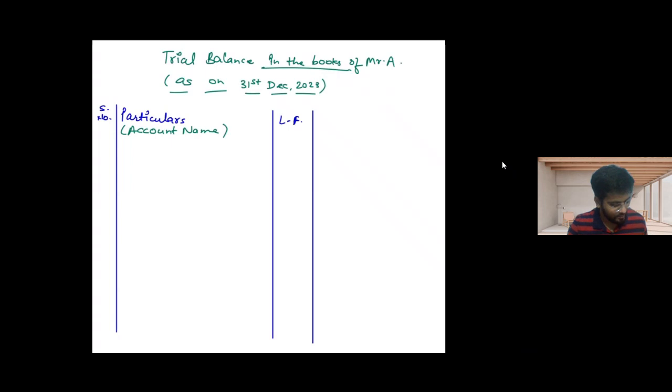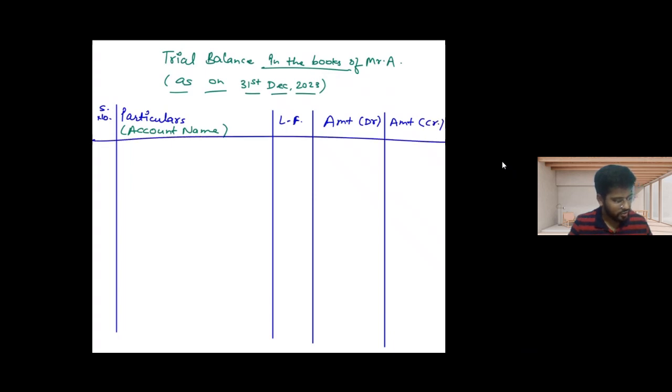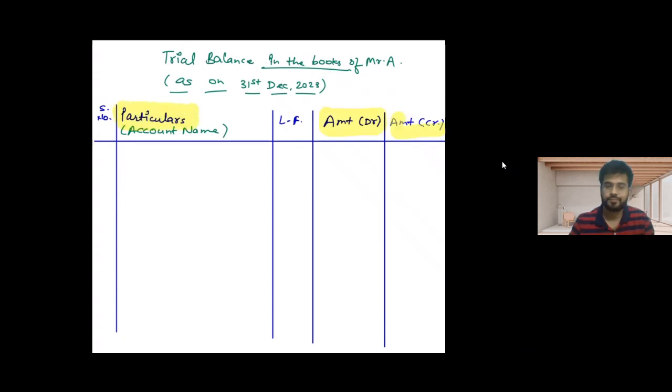Then we have amount debit, one column, and amount credit. The amount columns are the most important ones. So the most important columns are particulars, amount debit, and amount credit. These three are the essential part of your trial balance. You cannot miss any of those columns.